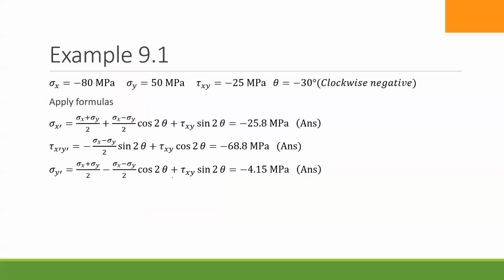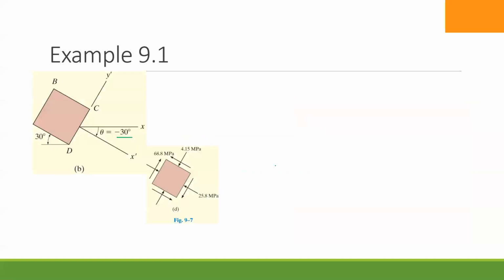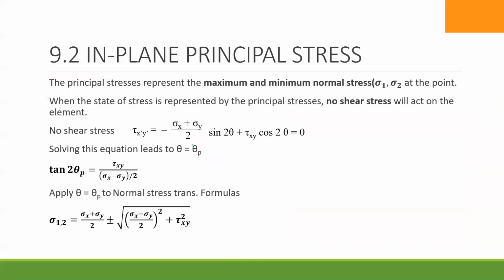On the contrary, the tau xy value is negative 25 and increases from negative 25 to negative 68.8. So in some cases, maybe we get more shear values, more normal stress values.